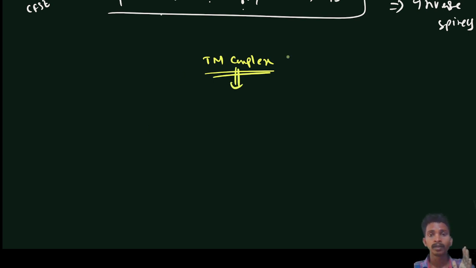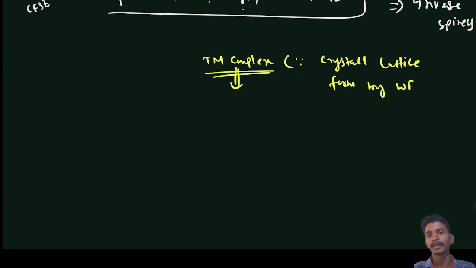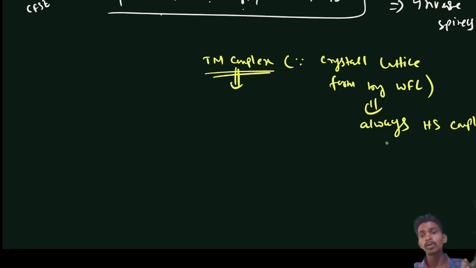Since the crystal lattice is formed by weak field ligands, always high spin complexes will form. So since only high spin complexes will form, we will not discuss low spin complexes.